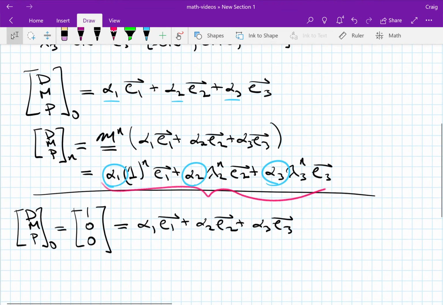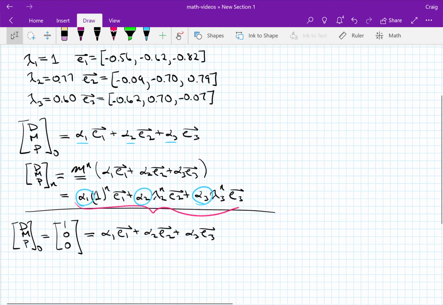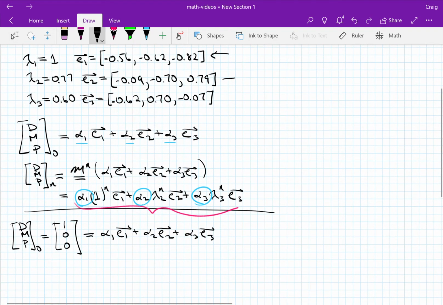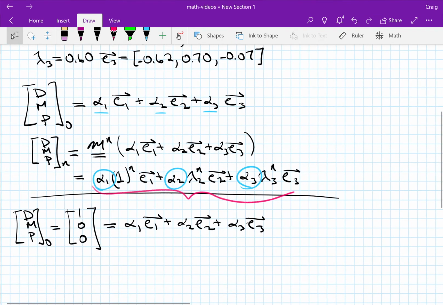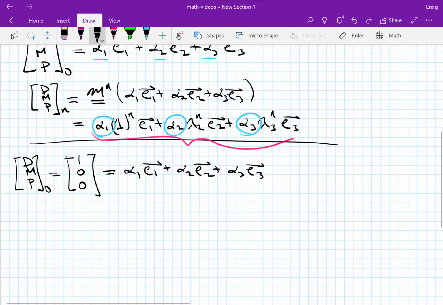So I can write that in matrix form, and I'm going to take our three eigenvectors, E1, E2, E3. Each of those becomes a column. And remember, matrix multiplication is like taking linear combinations of the columns. So my matrix I'm trying to solve: E1 is minus 0.56, minus 0.62, minus 0.82.